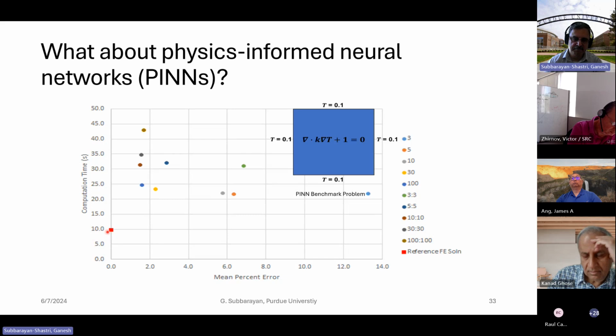What you'll find is that PINNs actually need to go much further in order to be as efficient or accurate as a finite element solution. So again, machine learning models require a high number of data points. And even so, alternative techniques like PINNs are still, in my opinion, unproven.